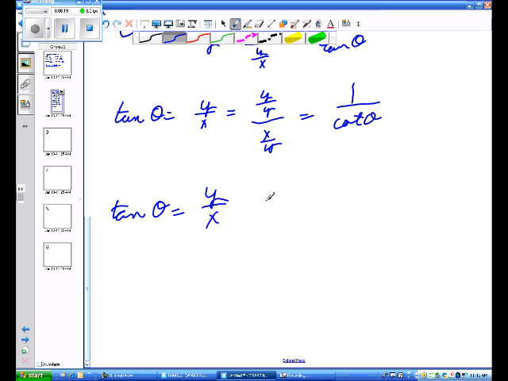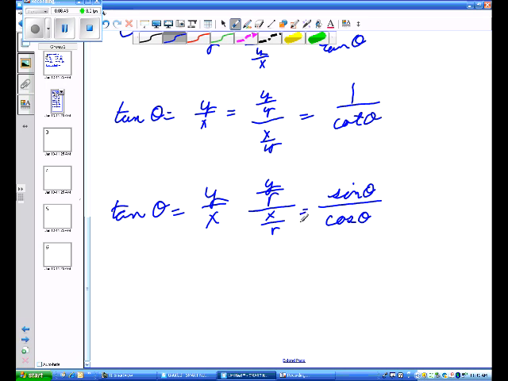And let's divide both our numerator and denominator by r. As long as you're dividing by a non-zero number, you can divide both your numerator and denominator by the same thing. Well, y over r is equal to sine. X over r is equal to cosine.